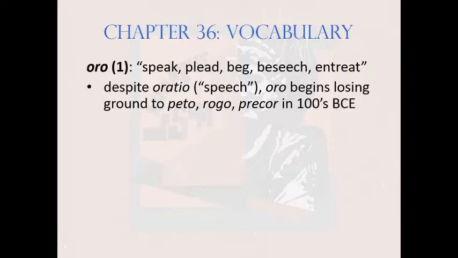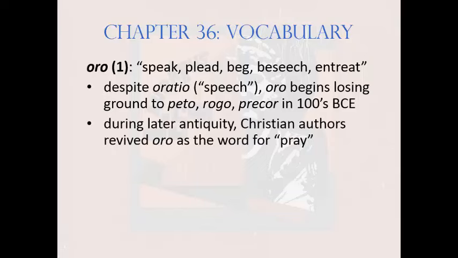But the Romans of the 1st century BCE preferred peto or rogo or precor when they wanted to say seek, beg, or plead. In later antiquity, however, oro started being used again by Christians in the sense pray, because the other Latin words for pray, like precor, reeked of pagan religion, something Christianity very much opposed.